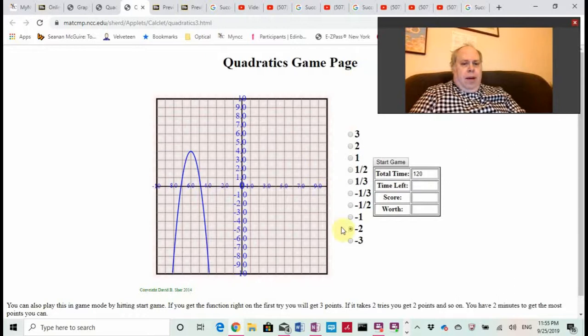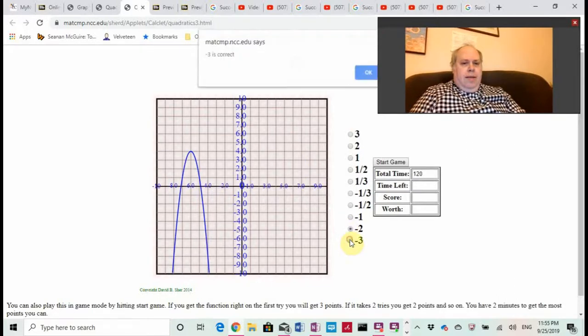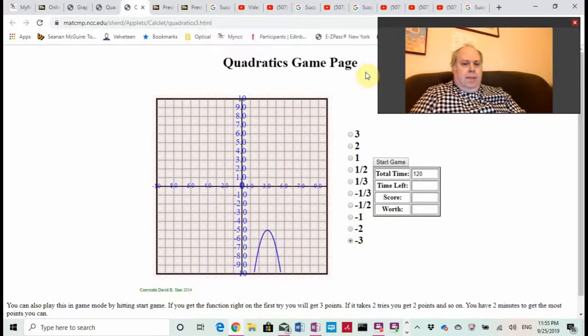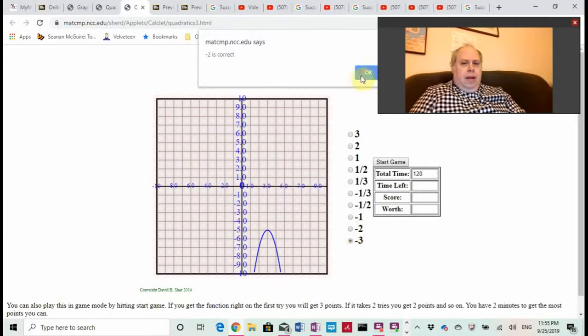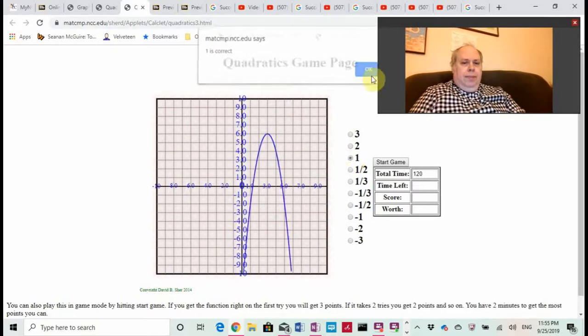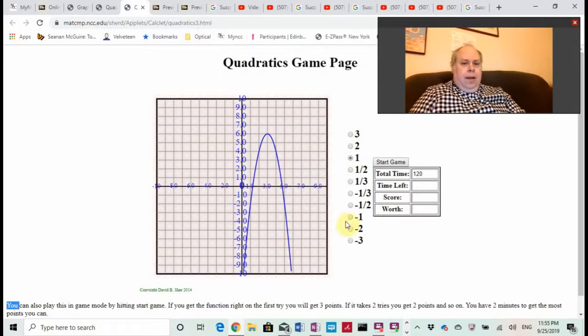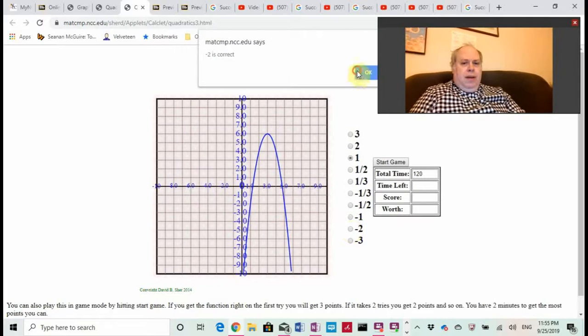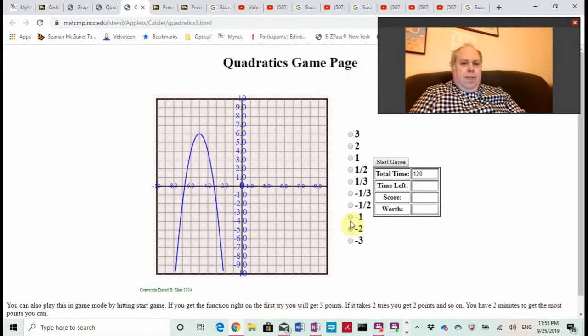Okay, that one looks like a -3. And that one looks like a -2. It's throwing me a lot of these. And this one looks like a 1. Okay, let's see. Waiting for it to give me a fraction. It's being annoying.